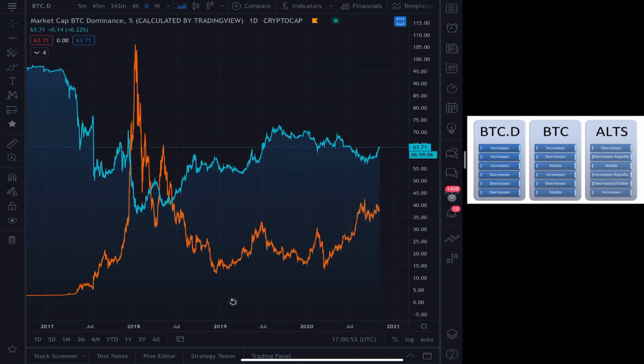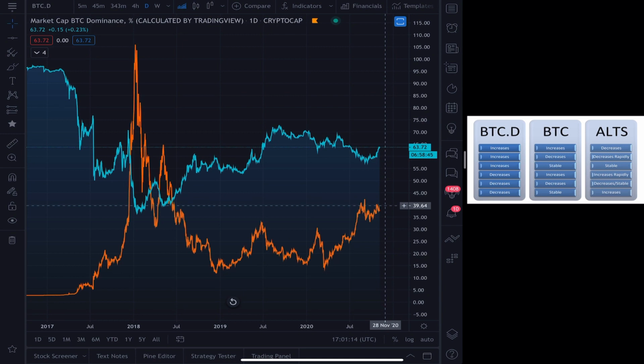So now, Bitcoin dominance decreasing while Bitcoin is decreasing. Altcoins are going to be flat, and that's because, you know, Bitcoin is going down, but altcoins are somewhat holding their own because the dominance is also going down.